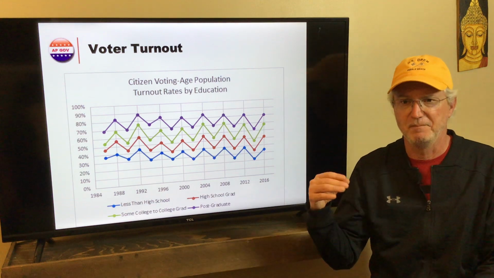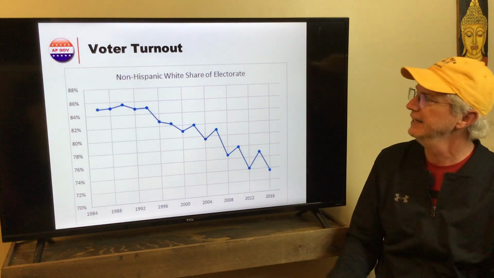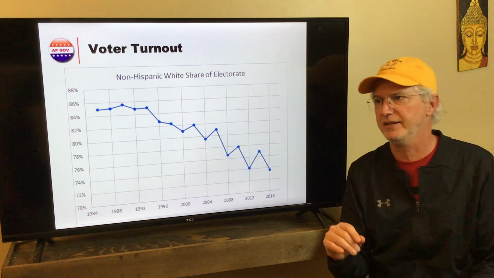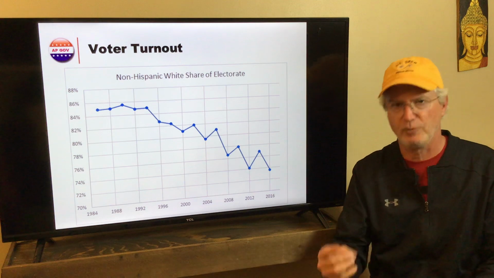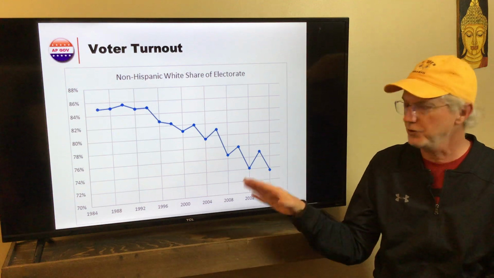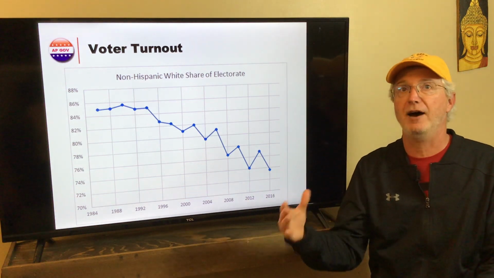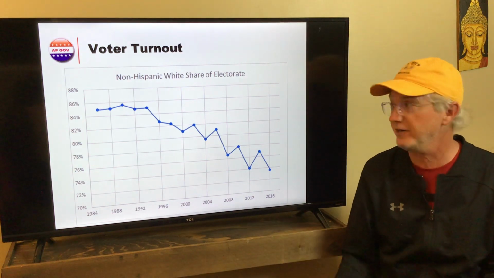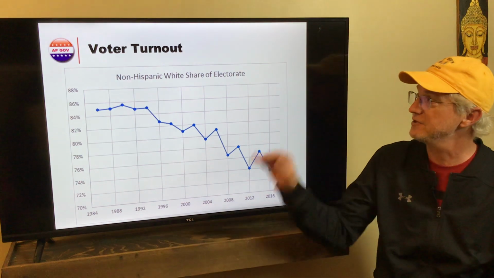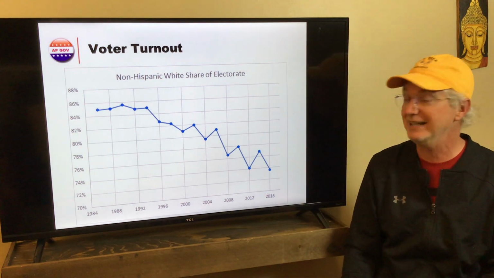So, the trends that we see, and this is something I think that worries some. You hear a lot of rhetoric lately dealing with race and ethnicity and all of these things. And you do hear some people worried about the voter turnout. What we've seen over the last several years, going back to the 1980s, is the non-Hispanic white share is going down.